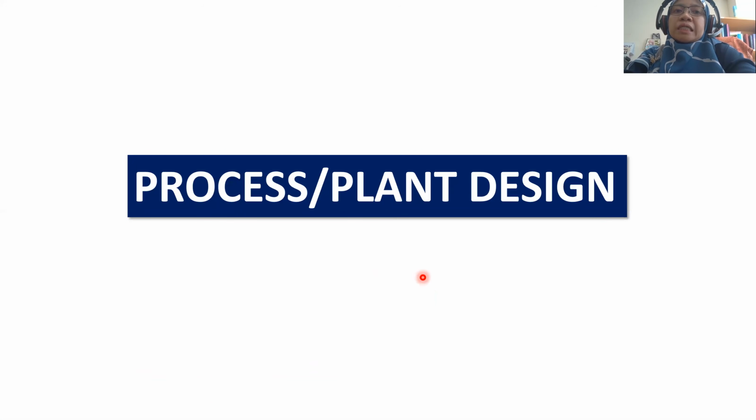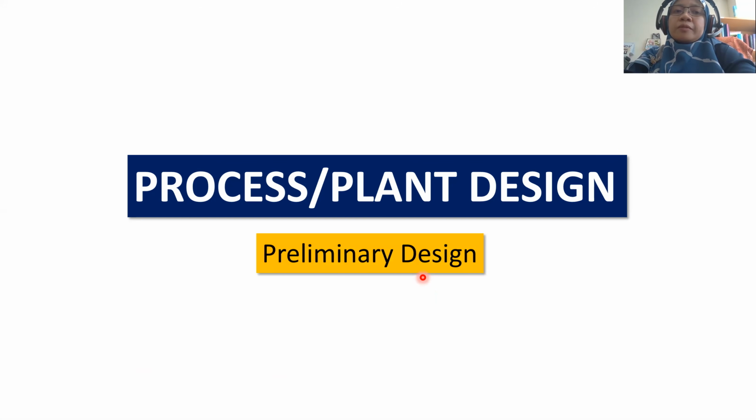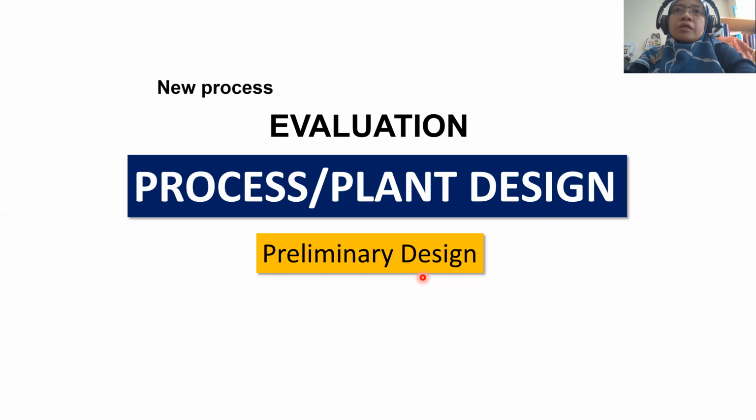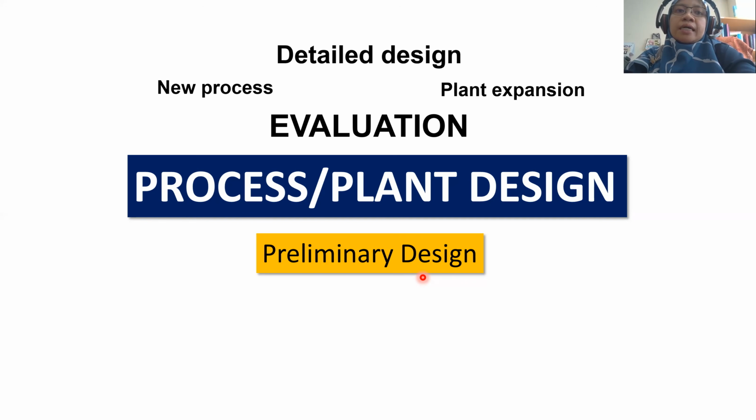Depth or thoroughness of a process design may depend on different needs. Sometimes only a preliminary design is performed to evaluate the advisability of further research on a new process or a proposed plant expansion, or a detailed design.